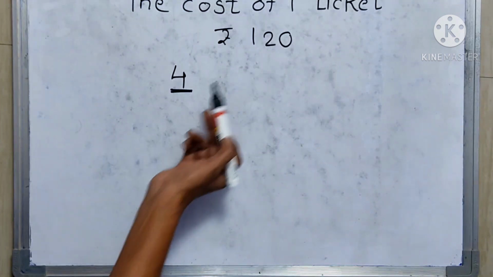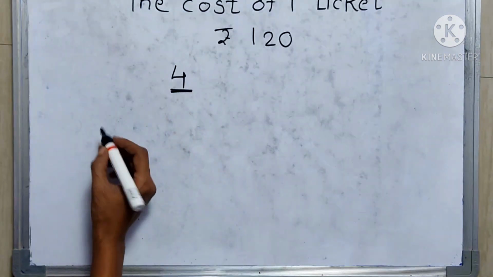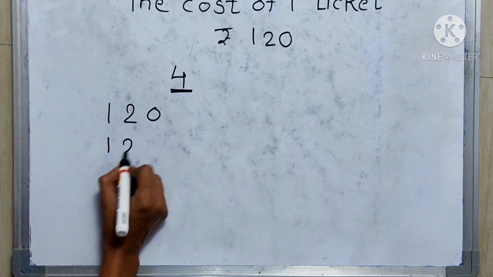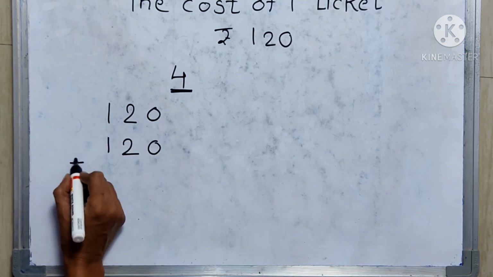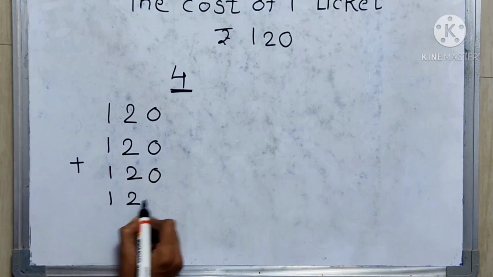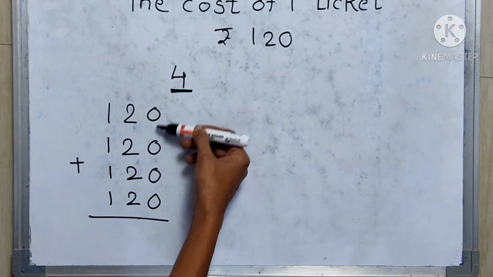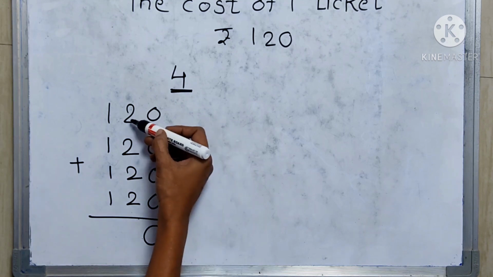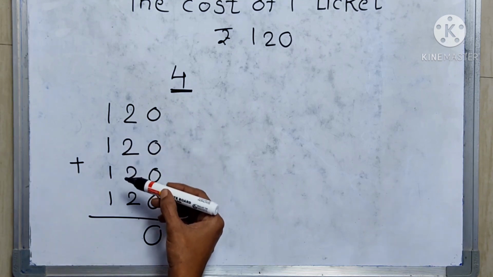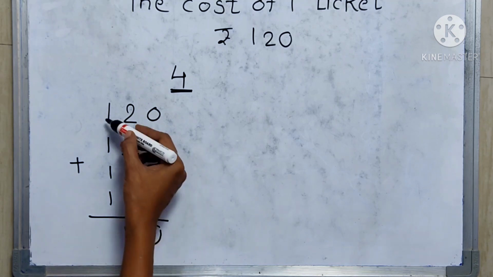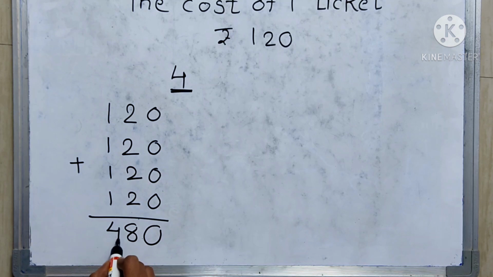So add 120 4 times. 120 plus 120 plus 120 plus 120. Add this: 0 plus 0 plus 0 plus 0 is 0, 2 plus 2 is 4, 4 plus 2 is 6, 6 plus 2 is 8, and 1 2 3 4.